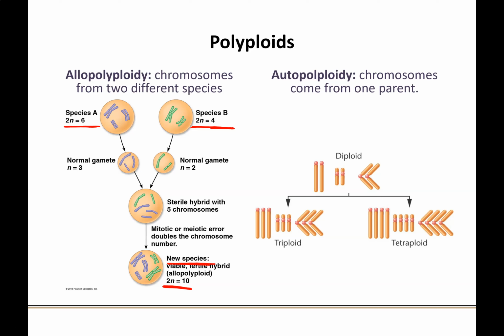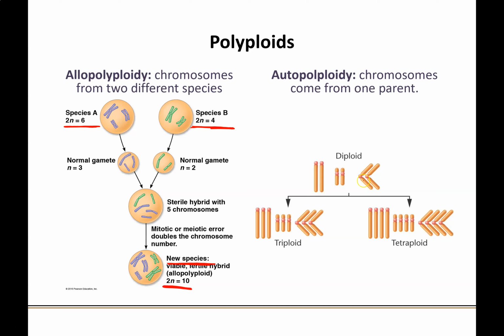You can also have autopolyploidy. So this is essentially self-polyploidy. This is when, due to some sort of an error in fertilization or in meiosis, you get one parent essentially doubling or ending up with an additional copy of their chromosomes.